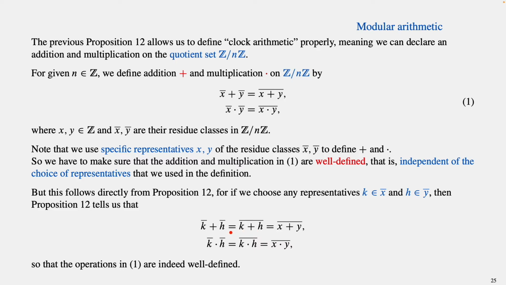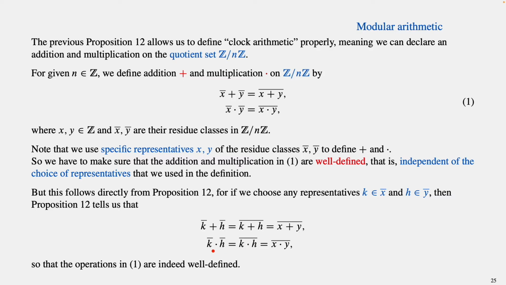That's just by definition. And by proposition 12, we have that k plus h is congruent to x plus y modulo n, because k is from the class of x and h is from the class of y. So this then by definition is x class plus y class. And so if we choose different representatives of the classes x bar and y bar, we get the same result.